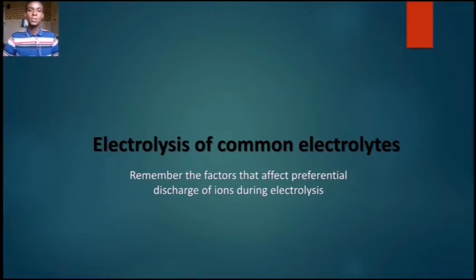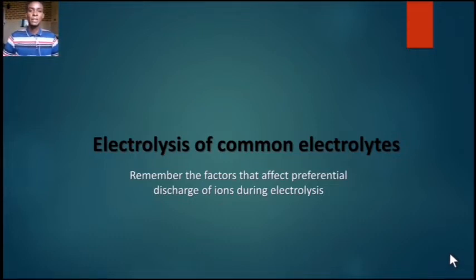In other words, let's assume sodium and calcium. From the electrochemical series, sodium and calcium are close in the series, but sodium is higher in the series than calcium. Ordinarily calcium will be discharged during electrolysis, but if sodium is more concentrated than calcium, then sodium would likely be discharged during electrolysis. So that's as simple as it gets.